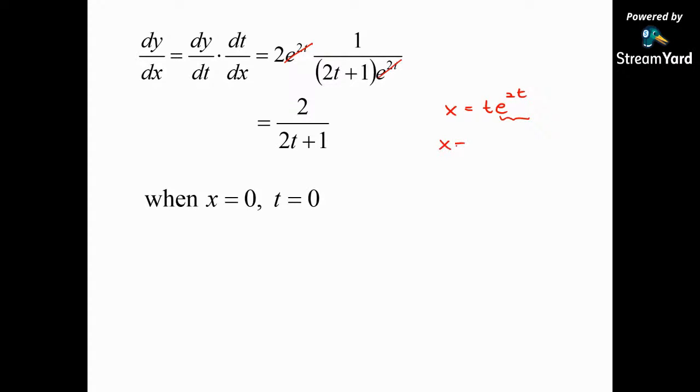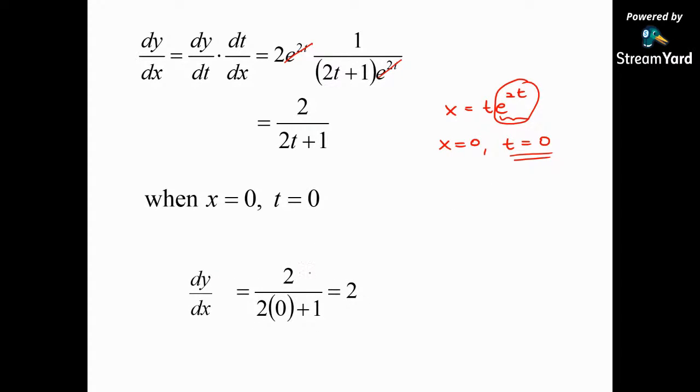So that means if x is equal to 0, then t is definitely equal to 0 because the exponent cannot be equal to 0. And in fact, if you have y equal to 0, that is actually the asymptote, right? Okay, so now when x is equal to 0, t is equal to 0, so substitute. So we got 2 over 2 times 0 plus 1.